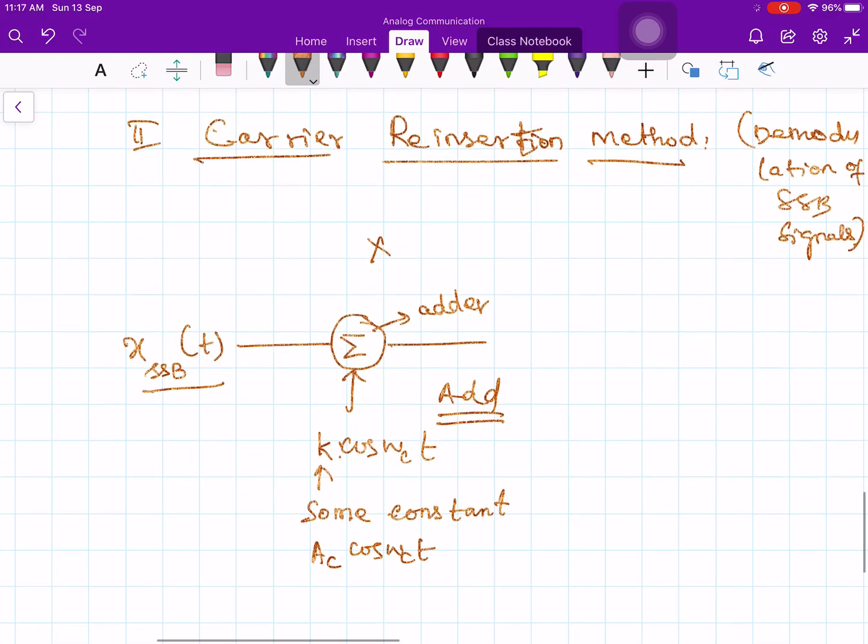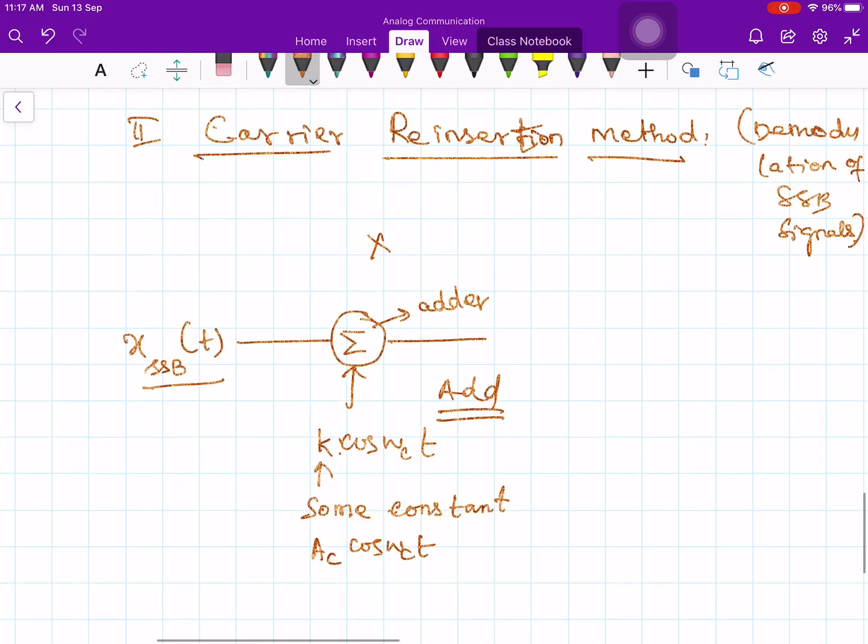So when you add the local carrier to the incoming signal X SSB of t, what do you think you will get now? In this point you will get X SSB of t plus k times cos omega ct.